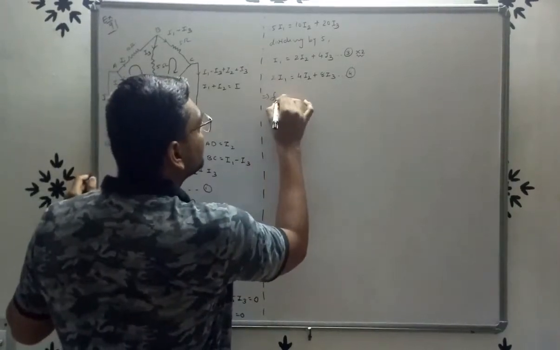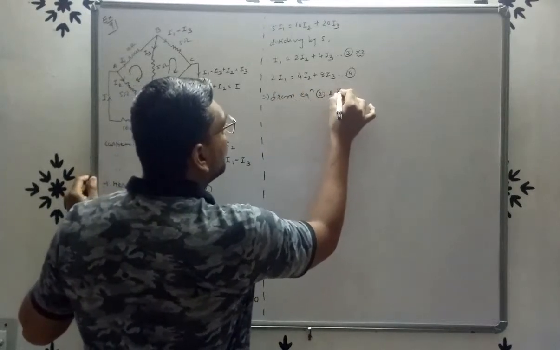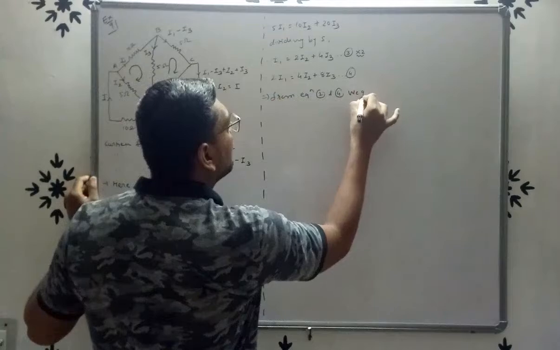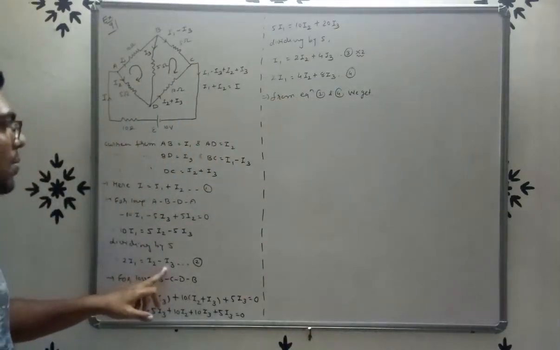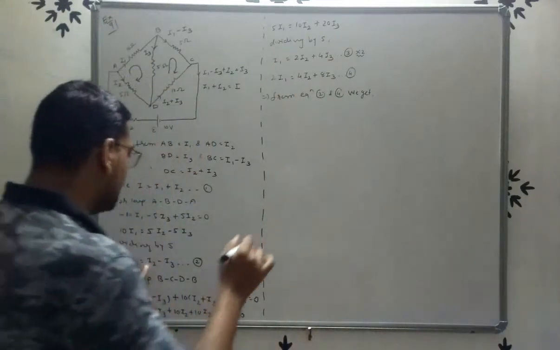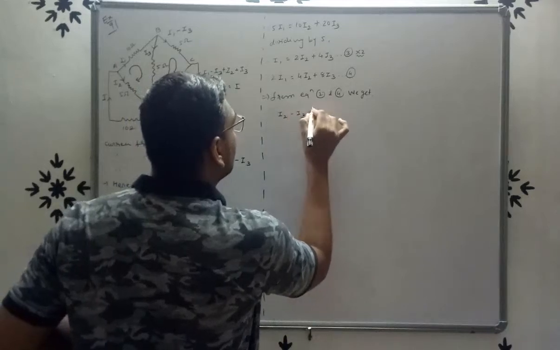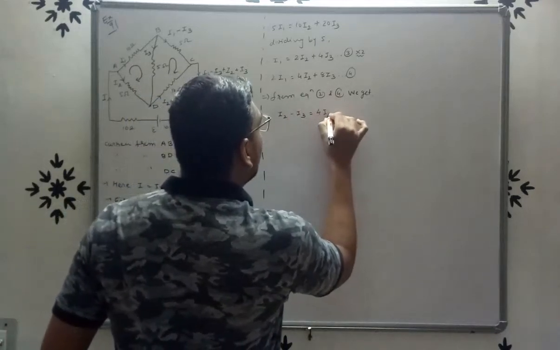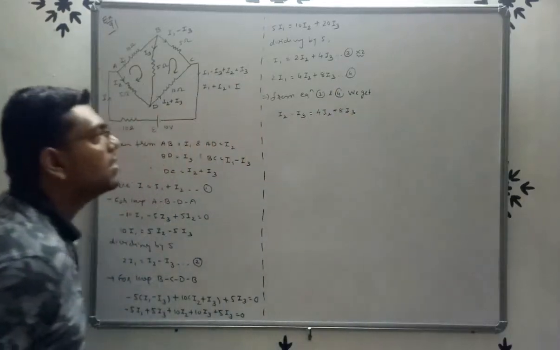So from equation 2 and 4, what we get? We get 2I1 is equal to I2 minus I3 and 2I1 is equal to 4I2 plus 8I3. So I2 minus I3 is equal to 4I2 plus 8I3. Right?